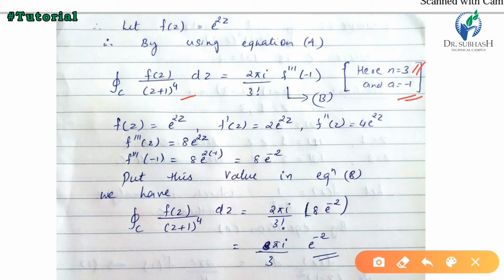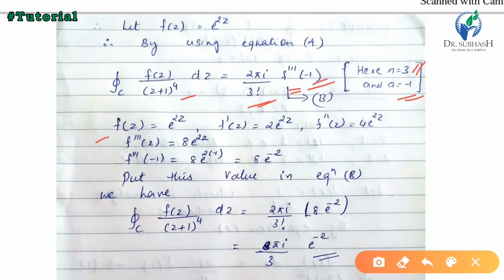Here n equals 3, so we have 3 factorial. F raised to n, and n is again 3. So we have to take the third derivative of the function and then substitute the point a, that is minus 1. So first we find the third derivative of the function.